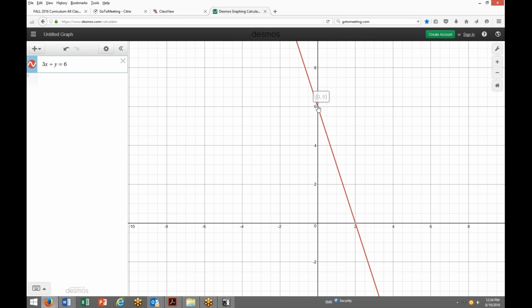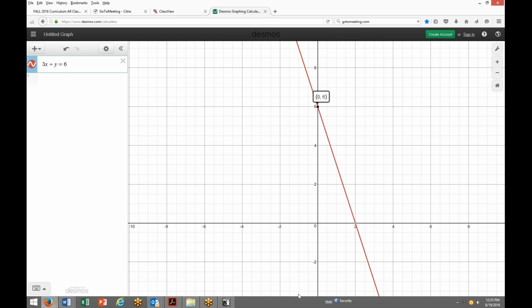If I click on it, it locks it in. And now I'm moving the mouse around, and that's locked in, 0, 6. Verifying and confirming that, yes, indeed, this particular graph does have a y-intercept of 6. The y-intercept point in full ordered pair format is 0, 6 in parentheses.